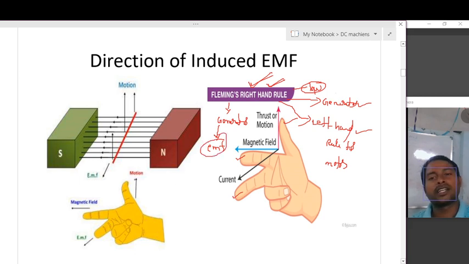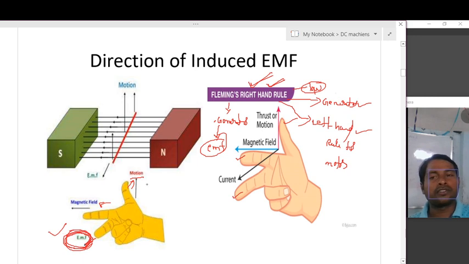According to the right hand rule, the thumb indicates the motion, the middle finger indicates the induced EMF, and the forefinger indicates the magnetic flux. This belongs to the generator, and the generator's intention is to produce the EMF.